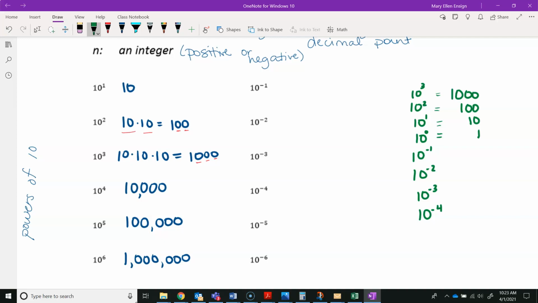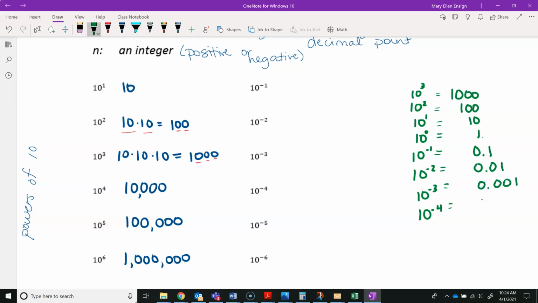And I'm moving over, my 1 is moving over one place value to the right every time. It's getting smaller by a factor of 10. So if I'm going to continue that pattern here, what has to happen? Well, it has to keep going to the right. But remember, there's a decimal point right there. So if I'm going to keep this pattern going, I would have to move over into the decimal places.